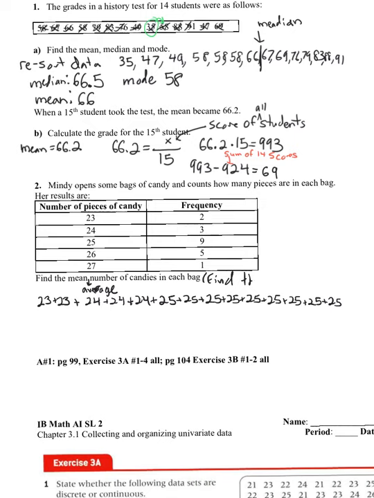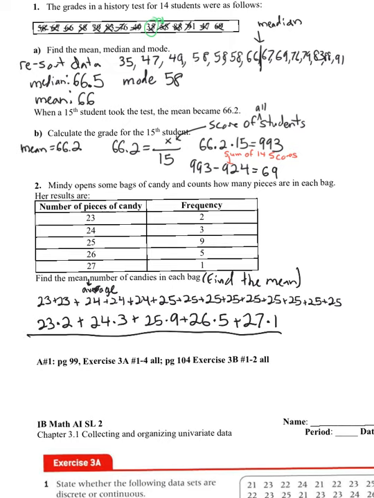Exactly. The frequency table is there for a reason, because it's going to be easier to say 23 times 2 plus 24 times 3 plus 25 times 9 plus 26 times 5 plus 27 times 1. That's going to save me a lot of time writing it.